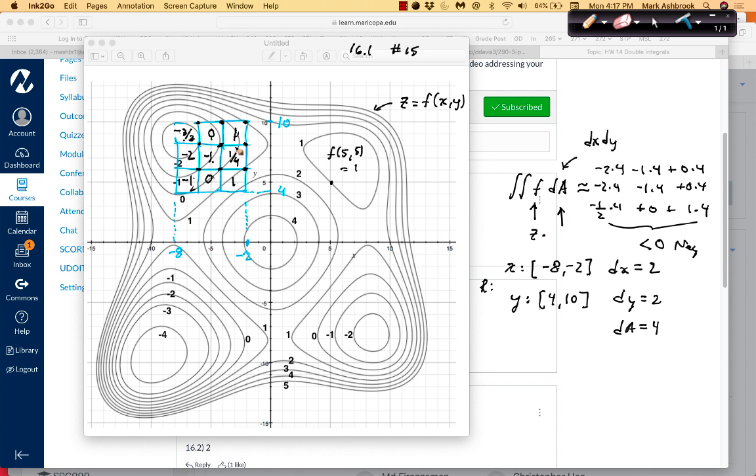It still is going to be negative, probably, just looking at the numbers. But it's going to be a different sum than the first approximating method we did. So doing that is more similar to number 16, where you're going to make the graph yourself, and you're going to use those given values in the table as, say, upper right corners or lower left corners.